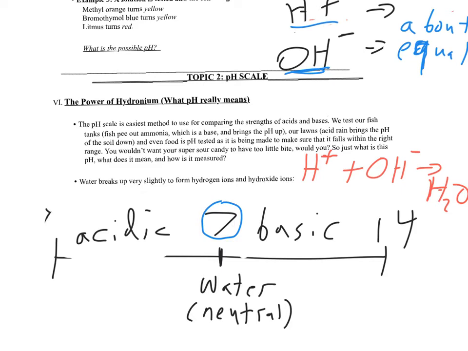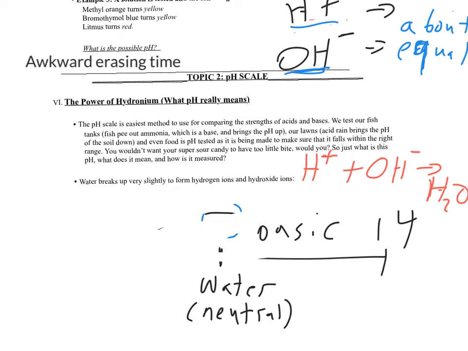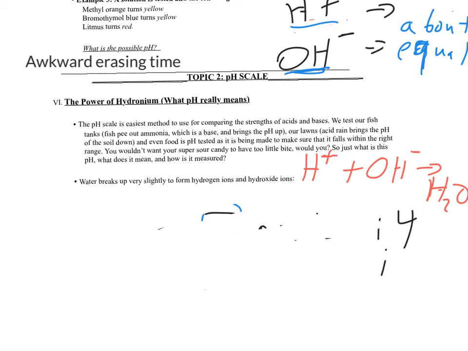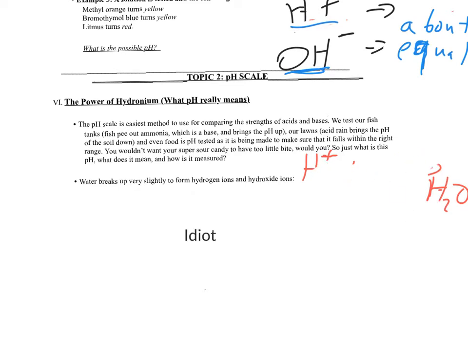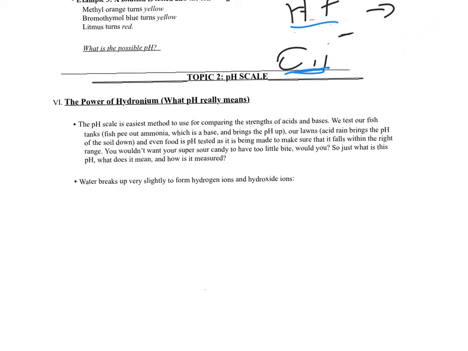Okay, so let's get rid of all of this. I'm going to be super awkward and very slowly erase everything, because what was happening in the last video was I was using the undo button to erase things. I would write something and then hit undo, and it wouldn't just undo what I wrote.